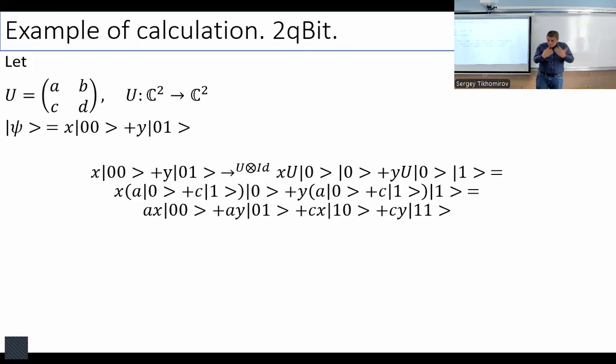You can write it as basis states, and inside each basis state they are independent. This is the idea of a tensor product. Every vector in a tensor product you can represent as a sum of vectors which are direct products. So I mean, in a fancy language, this is the idea.